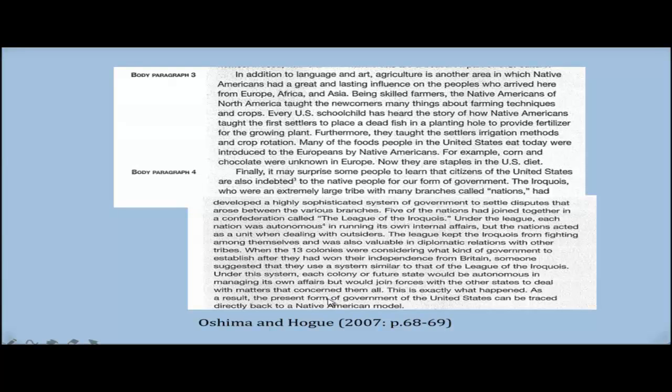And until the end, the Native American model. So, as a result, the present form of government of the United States can be traced directly back to a Native American model. Okay, this is taken from Oshima and Hogue, 2007, pages 68 to 69.